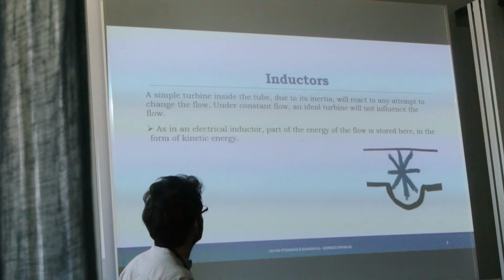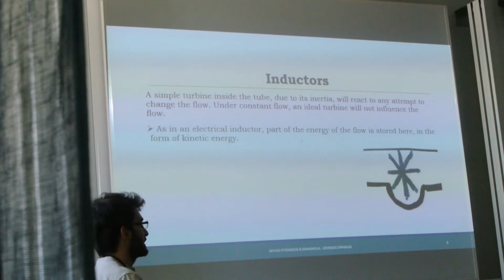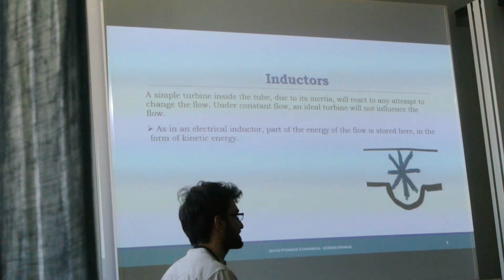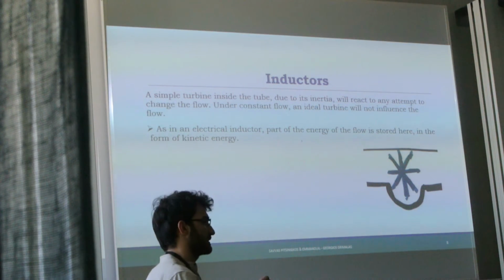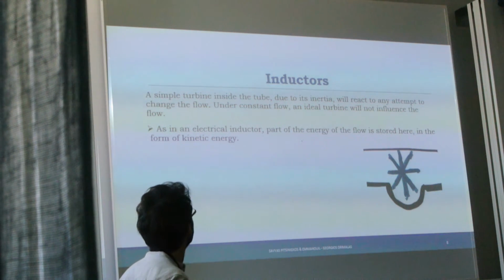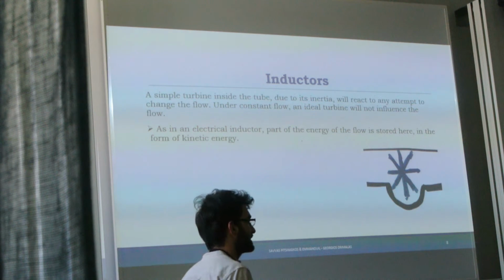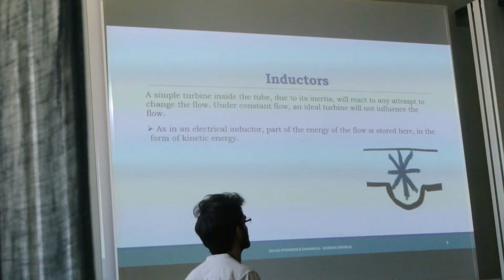An ideal turbine will not influence the flow. It will just provide enough inertia to have some inductive effect on the circuit. And the energy, instead of magnetic, is stored as kinetic energy.